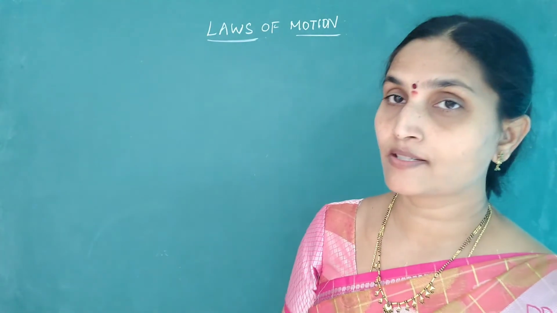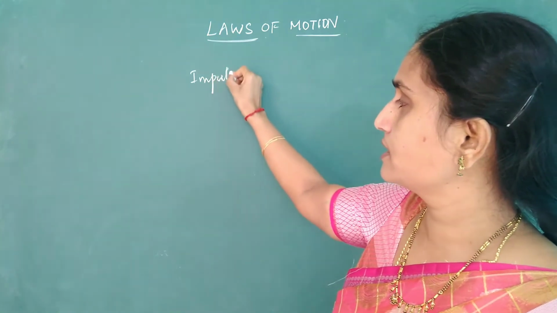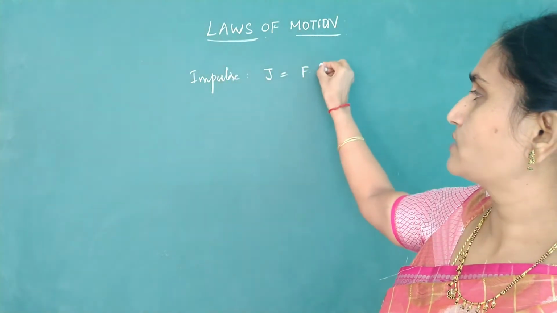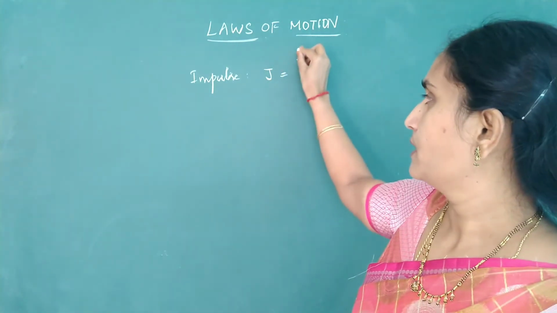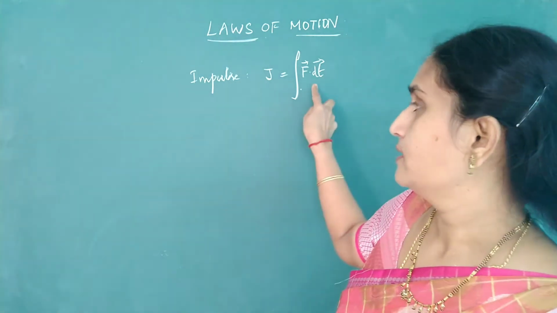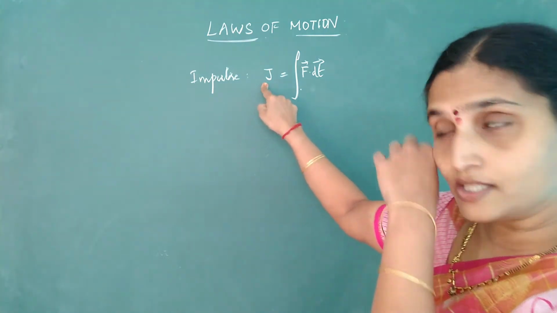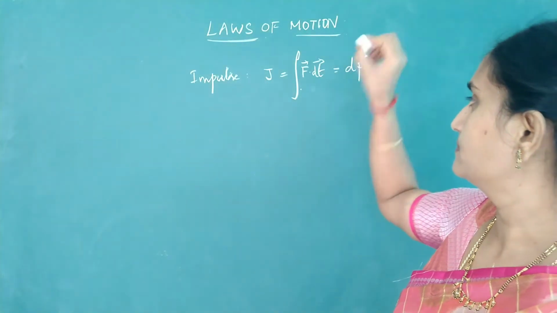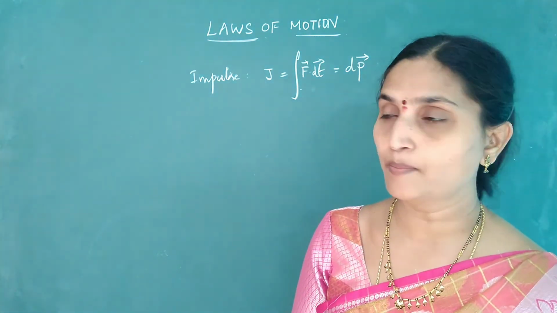Now coming to questions related to impulse. Just now we have discussed impulse J is a large force acting for a small interval of time. If force is variable, then I have to write integral of f dt. Impulse is represented as J, which is integral f dt, which is nothing but equal to change in momentum. If P is the momentum, change in momentum itself gives you the impulse.